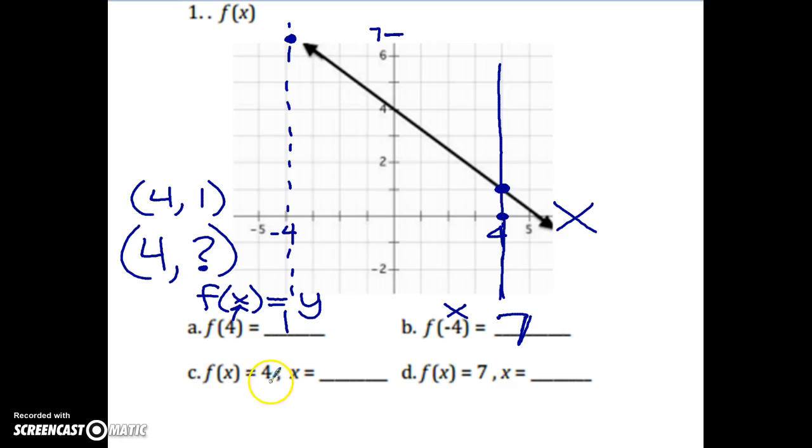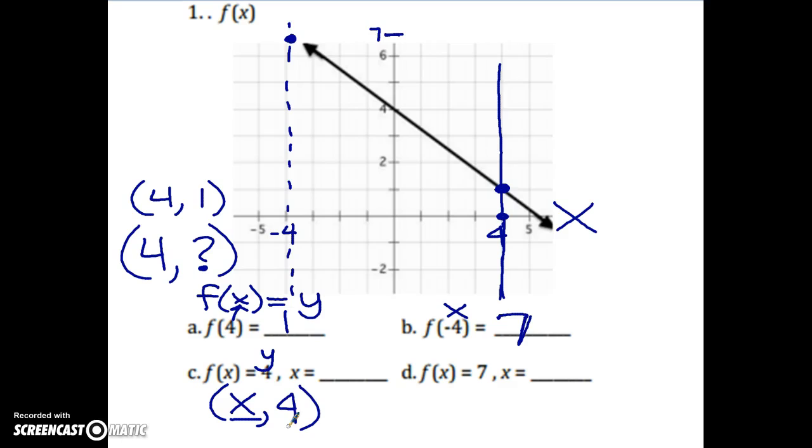And then this is the opposite. I know that I don't know what x is, but I know the y value is 4. So what's our input when the output is 4?